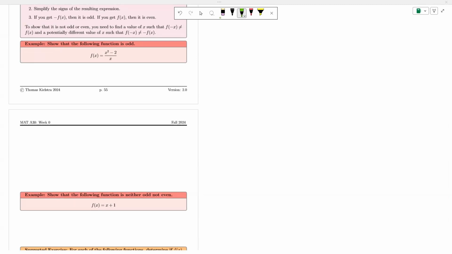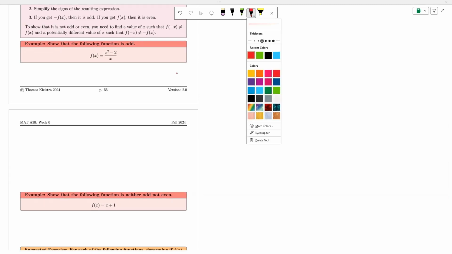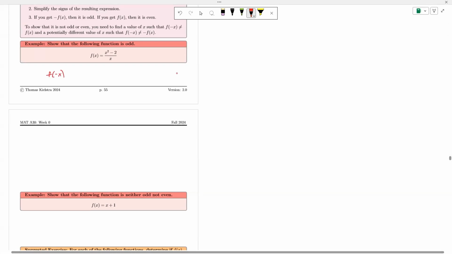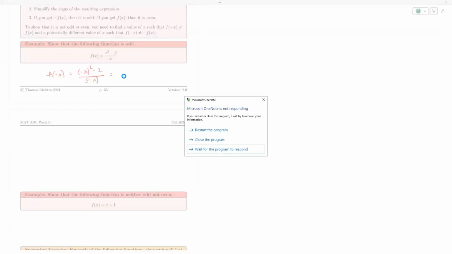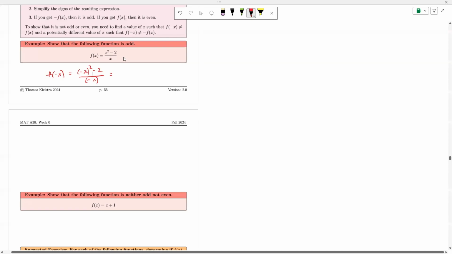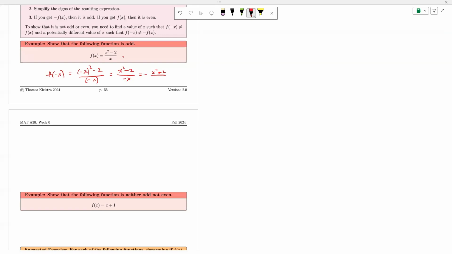If I look at f of minus x, this equals minus x squared minus 2 over minus x, which equals minus x squared over minus x, minus 2 over minus x, which equals minus x plus 2 over x, which equals minus f of x.